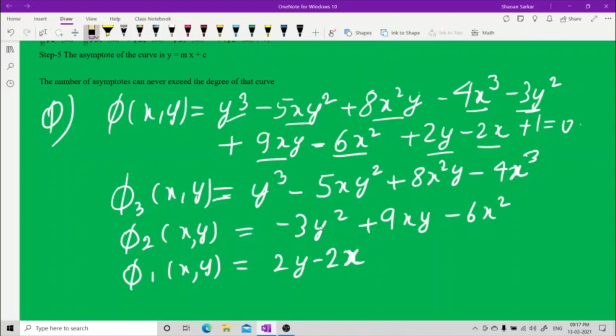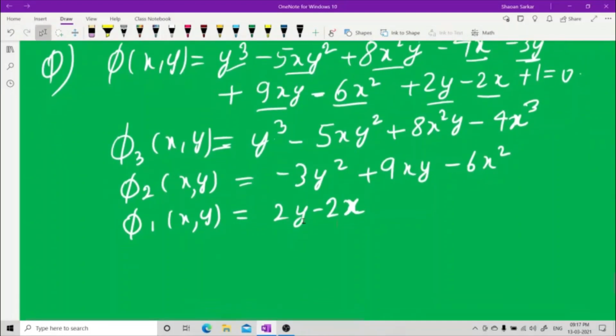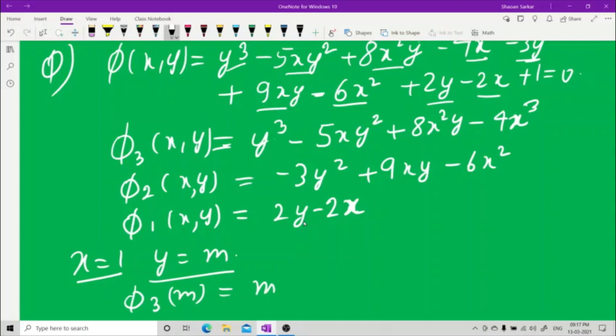Now what you do is that you write x equal to 1 and y equal to m. This is the way. x को 1 put करना है हर समय और y को m put करना है. So now this will become phi 3 of m. m cube minus 5m square plus 8m minus 4.